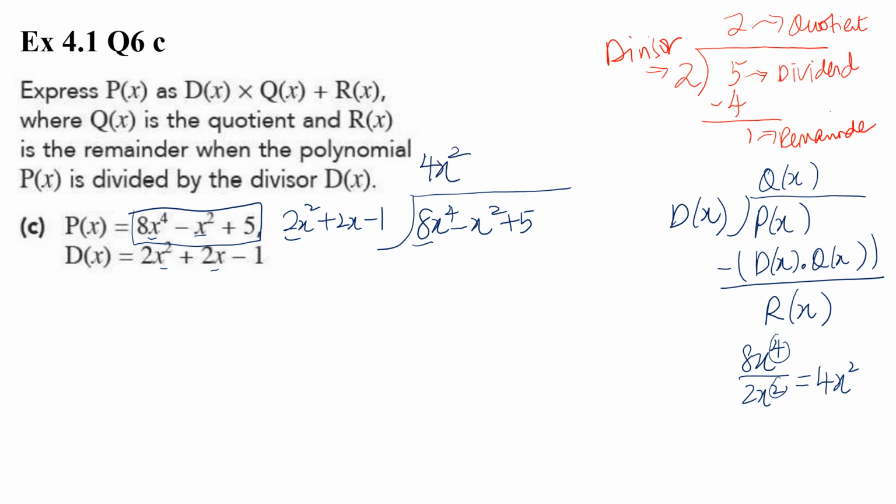Right, and after getting the first term of your quotient, what do you do? You take the first term to multiply with every term of your divisor. So your divisor has 3 terms here. So every term you're going to multiply with 4x squared. So you will have 8x to the power of 4 plus 8x to the power of 3 minus 4x squared. Alright, and then you may want to write it out.